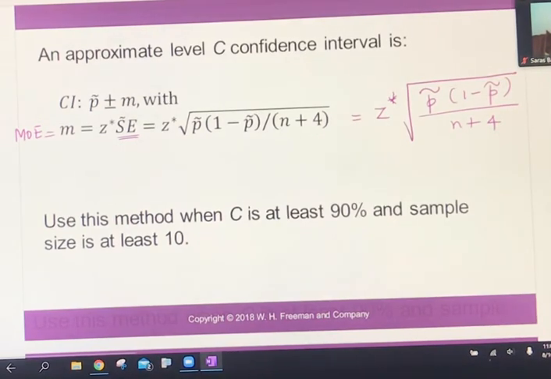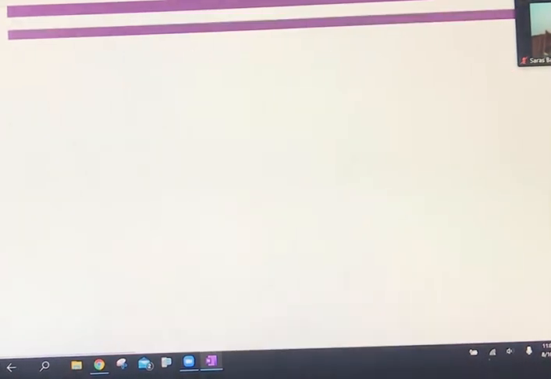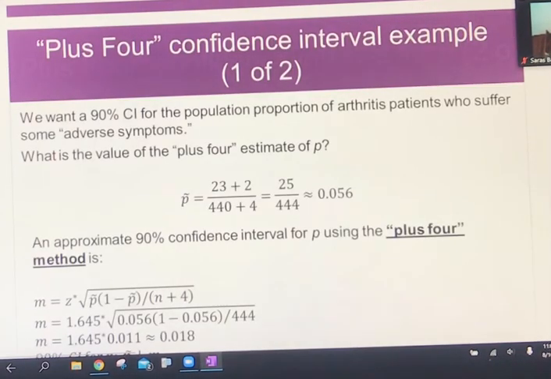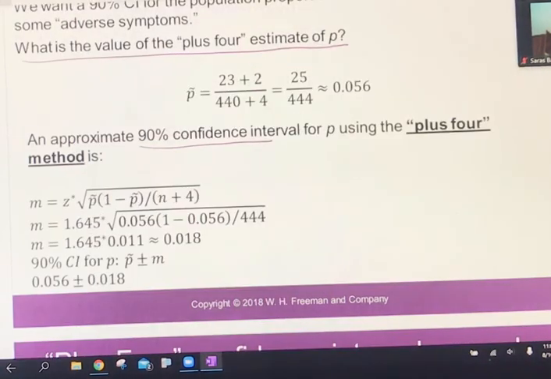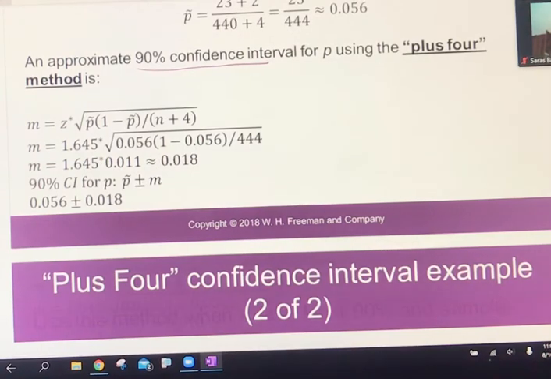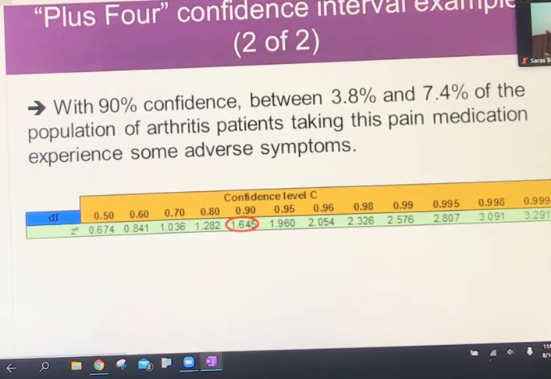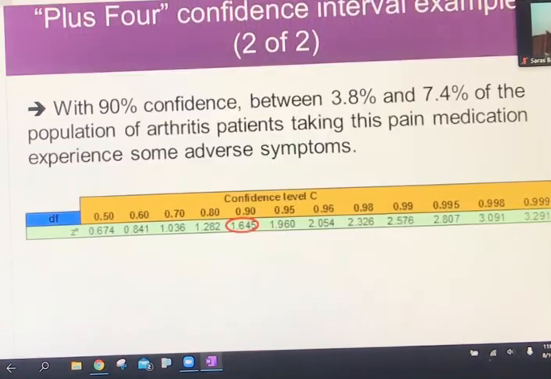All right. So with that formula, you will be given the keyword: what is the value of a plus 4 estimate? So you are going to find the C level using the plus 4 method, the C level plus 4 confidence limits. Again, the same thing that I said: inverse norm of 0.10, which leaves you with the 10 percent.